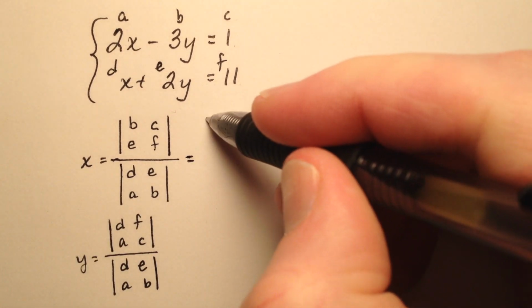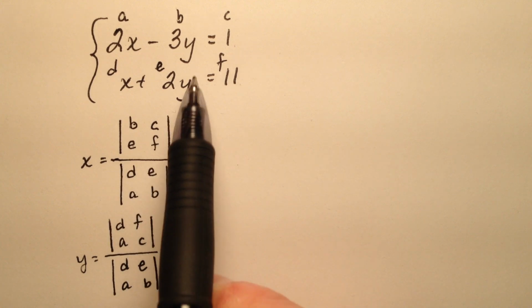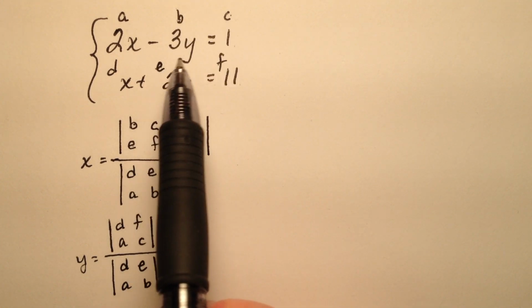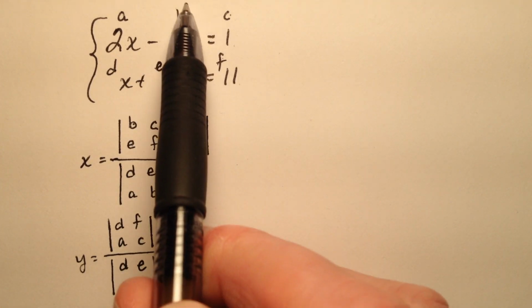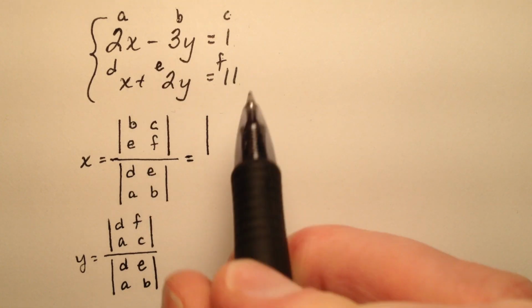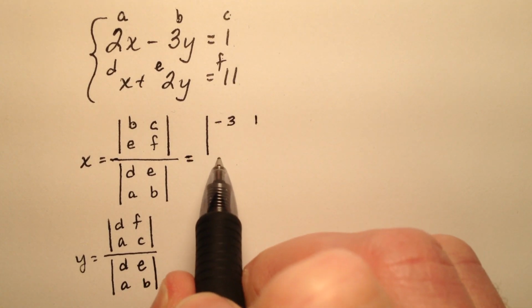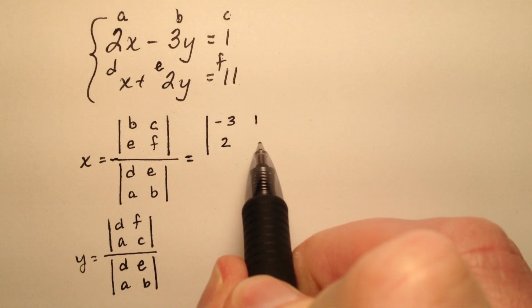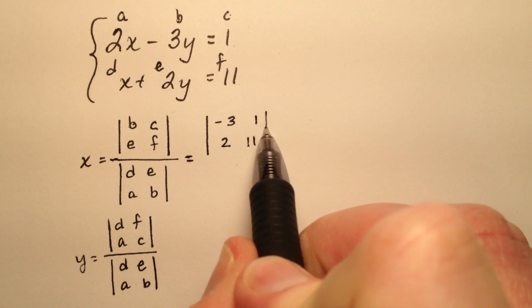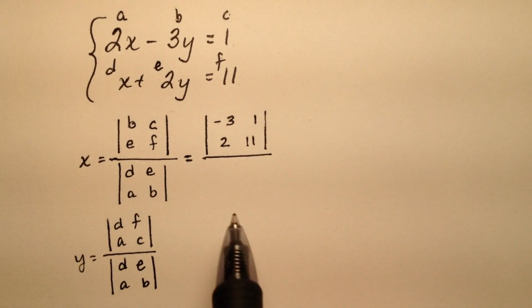So for my x, I'm going to have a determinant on top, B, C, E, F. So you'll notice it's going to be the coefficients of my y's on the left side and my constants on the right side. So my B is a -3, my C is a 1, my E is a 2, and my F is an 11. So that'll be the numerator of my x value.